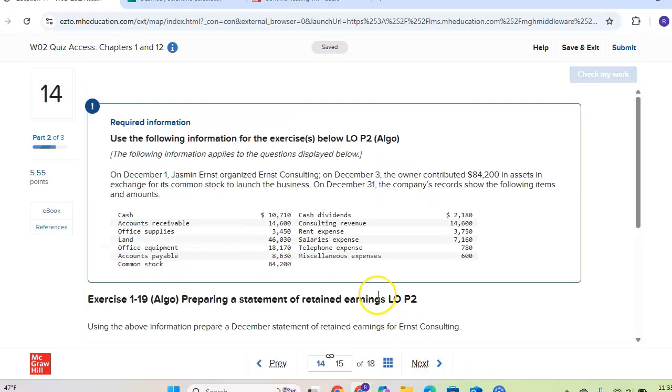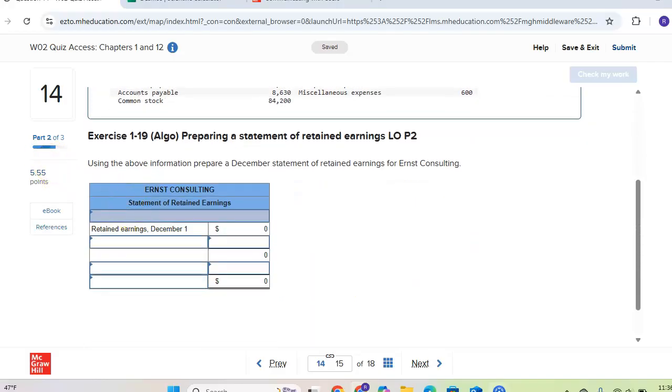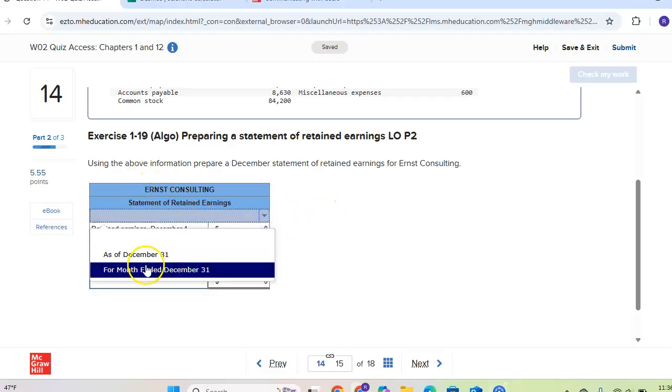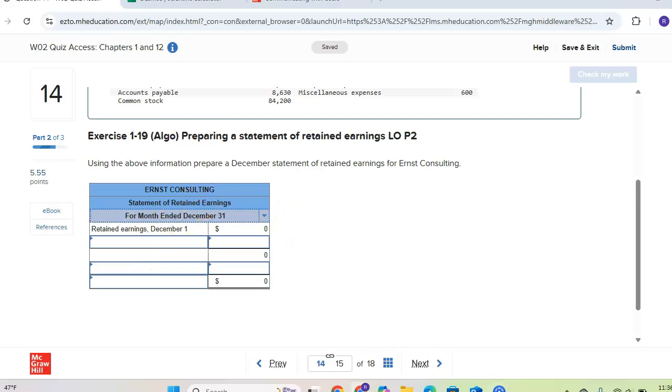The next question uses the same chart of itemization, but this time we are asked to prepare a statement of retained earnings. A statement of retained earnings is also for a whole month, not a specific date, but a range of dates.